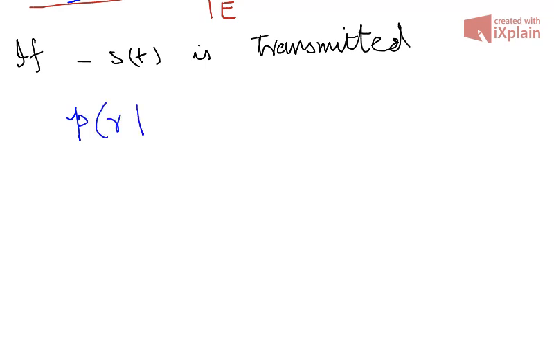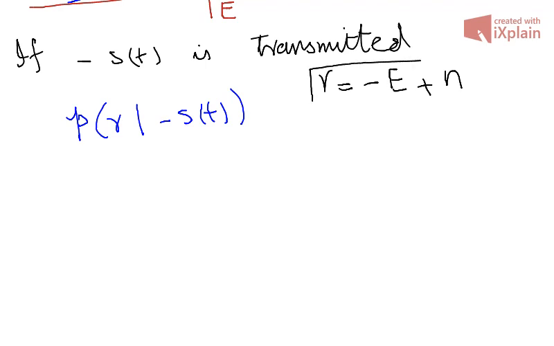Actually, before going to the conditional PDF, let me specifically say that when you transmit minus S of t, your R would be equal to minus E plus N, right? This would be R.